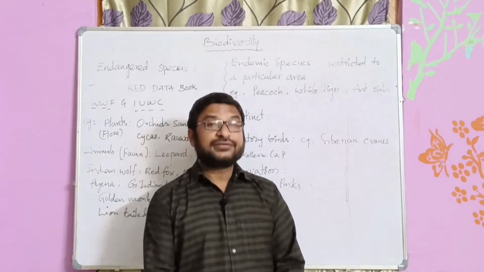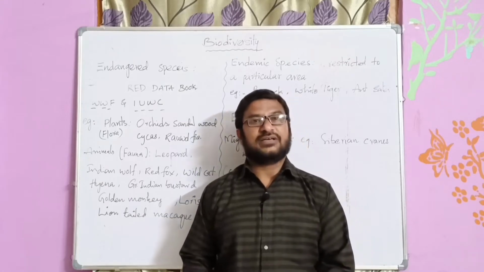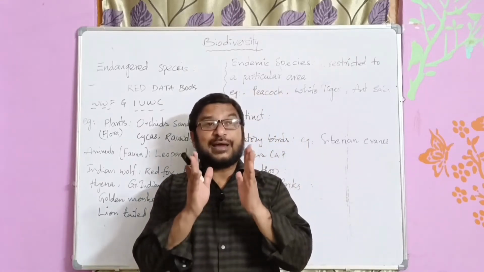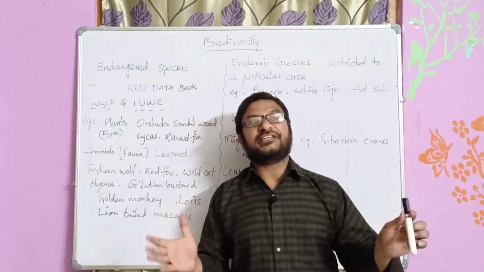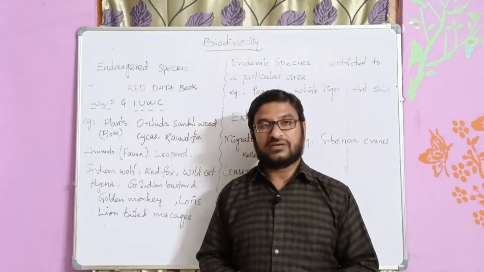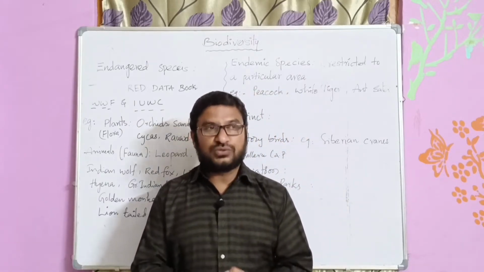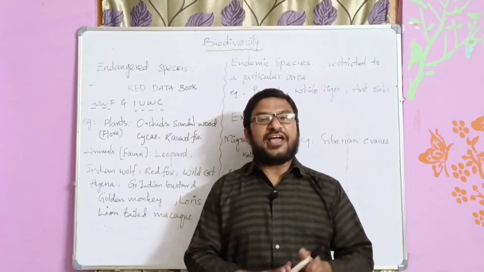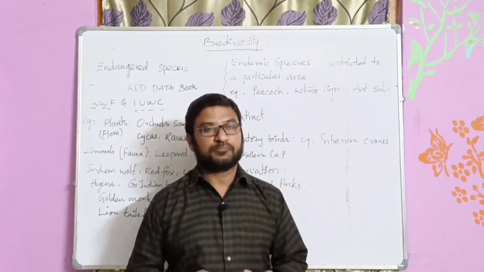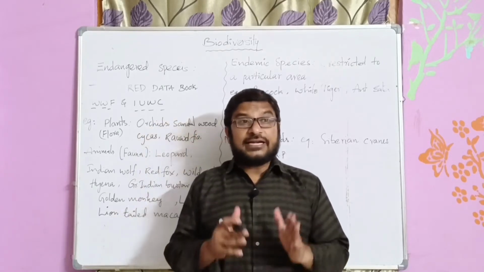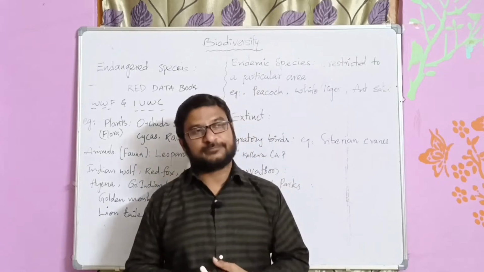In the same way, even within the same organism, it has different variations present in it. So biodiversity discusses the various types of living organisms around us. It helps this environment to be perfect.